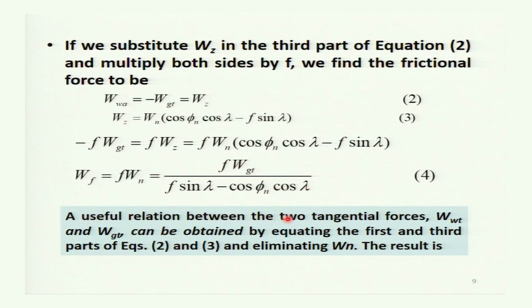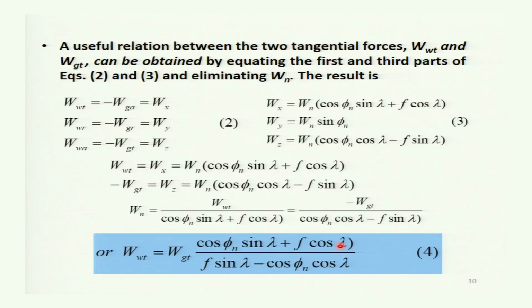A useful relation between the two tangential forces WWT and WGT can be obtained by equating the first and third parts of equations 2 and 3 and eliminating Wn. The result is given by this one.